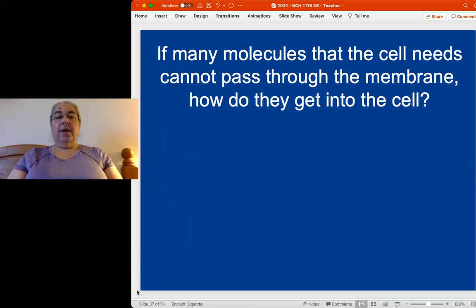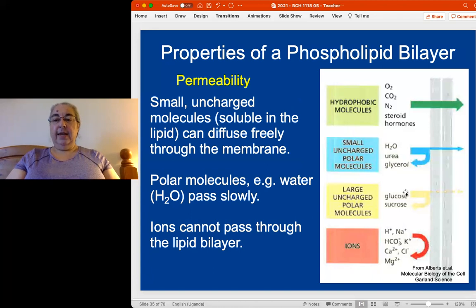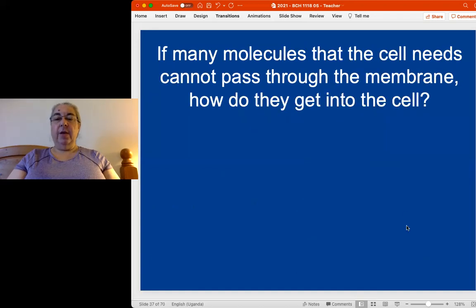Okay, so I've just shown you that many important molecules like sugars, for instance, glucose and sucrose, or ions like calcium or sodium or potassium or chloride, are not able to pass through the lipid of the membrane. So if you're wondering, how can these molecules get into the cell if they can't get through the membrane?